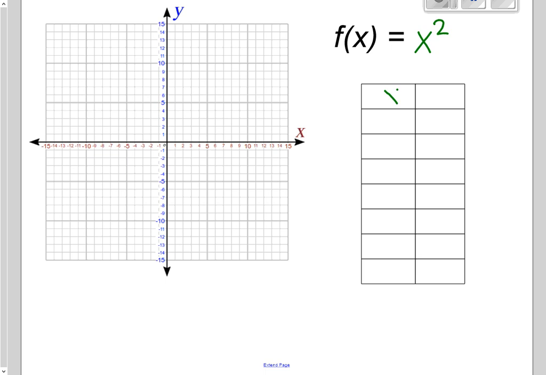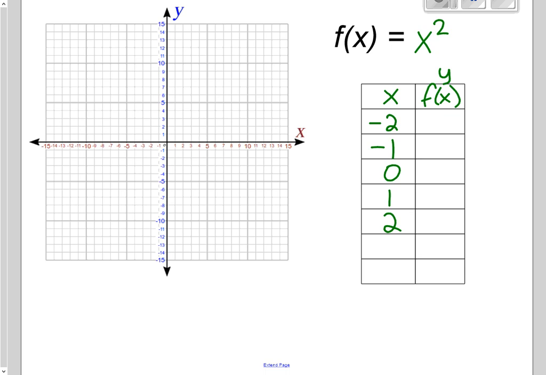And so if this is my x and this is my f of x, or my y value, my output, let's go in between -2 all the way up to +2. So we really only need five points in order to do our base function. You can throw in more than that if you'd like, but really 5 is all we need for this.